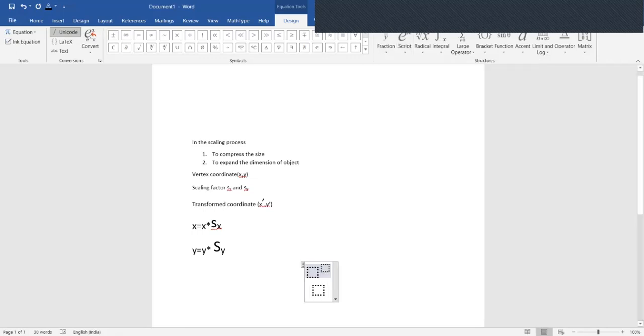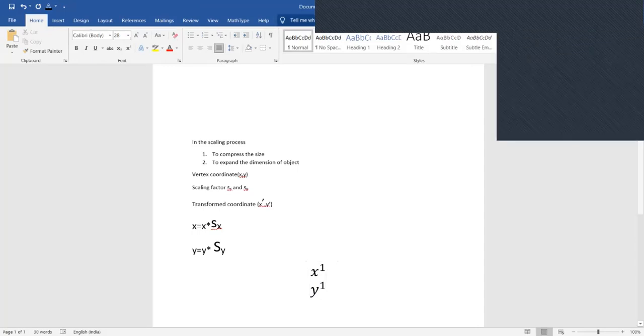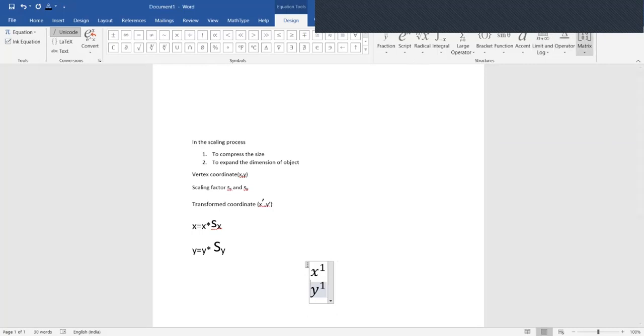Here it is represented as x dash and here as y dash. In this way, the matrices are represented.